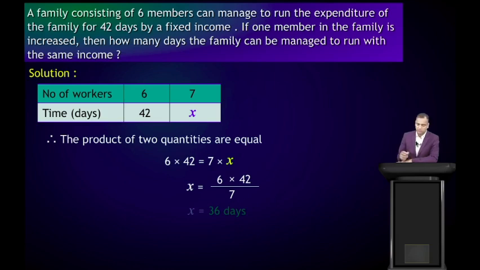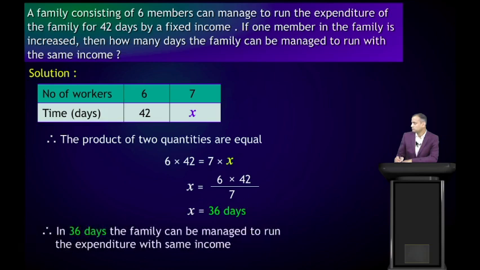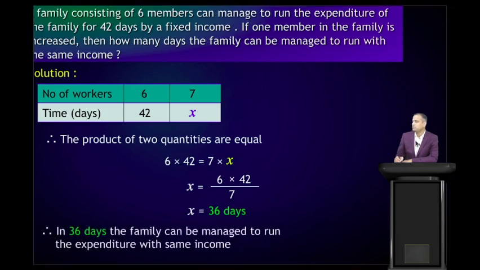Okay, so after solving this one you can get the answer, and it is 36 days. In 36 days the family can manage to run the expenditure with the same income.